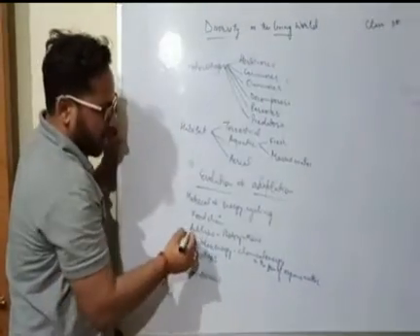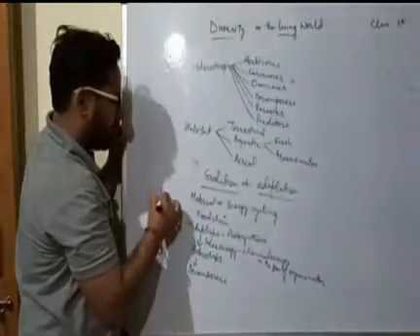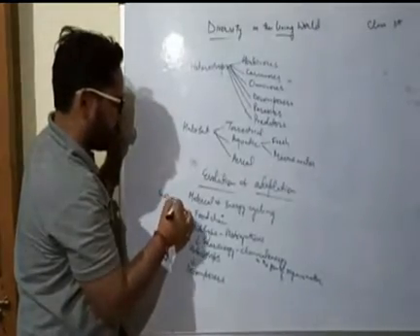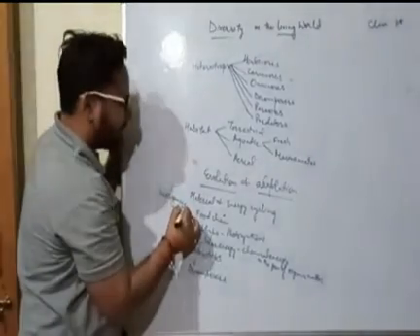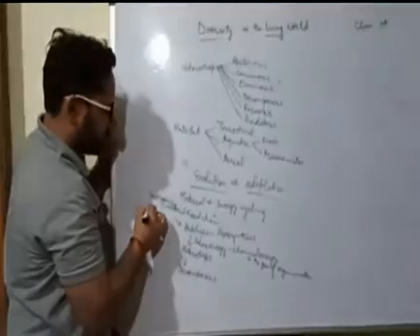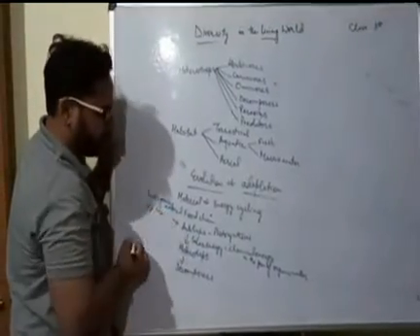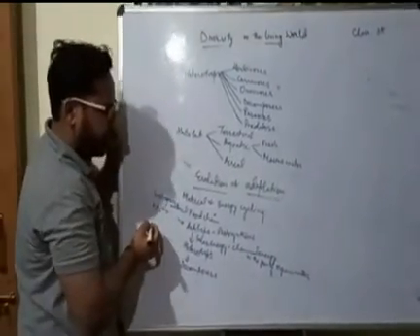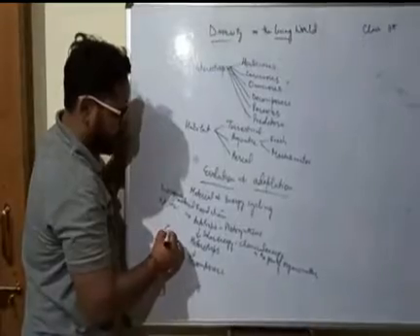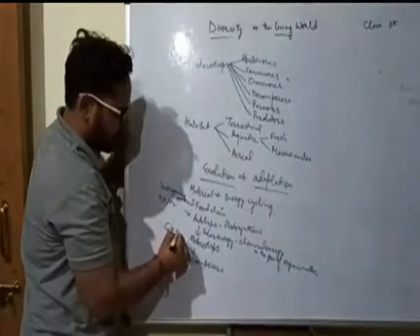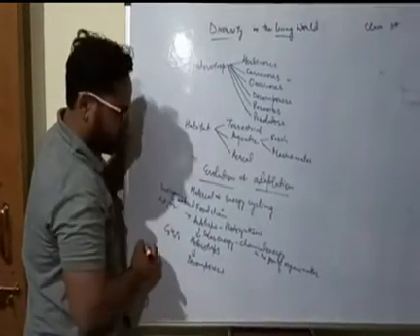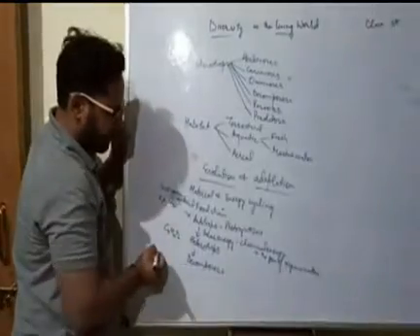Here, autotrophs utilize inorganic material like water, CO2, and convert it into glucose and further.